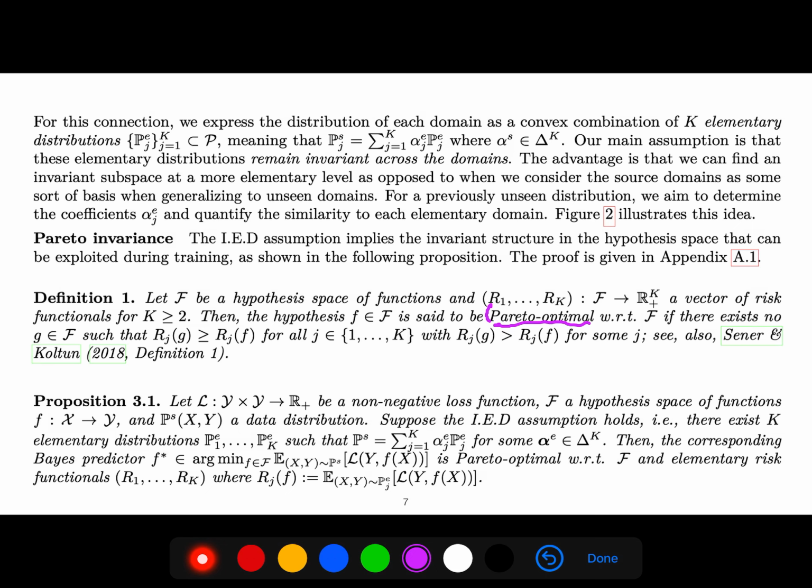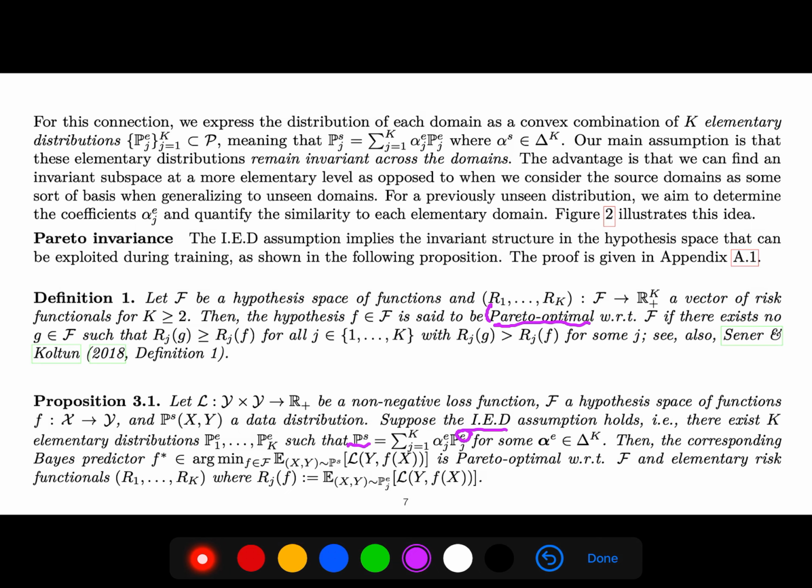So if a hypothesis in there, suppose that the IED assumption holds, for example, there exist k elementary distributions such that P of source is just a linear combination of your elementary distributions for some weights alpha.